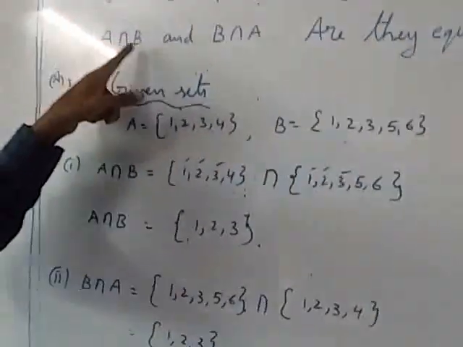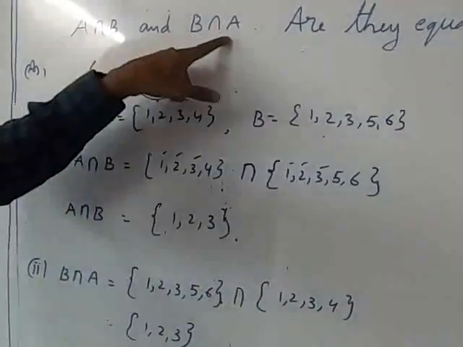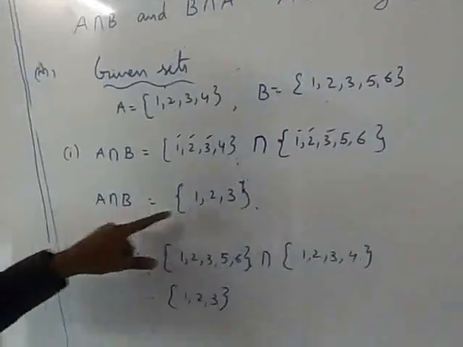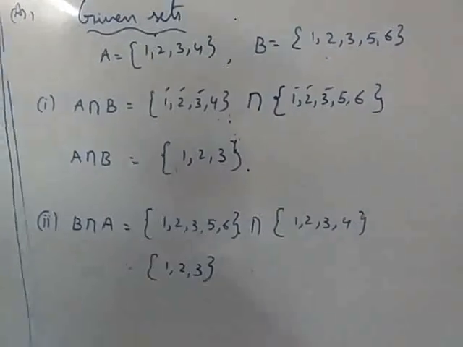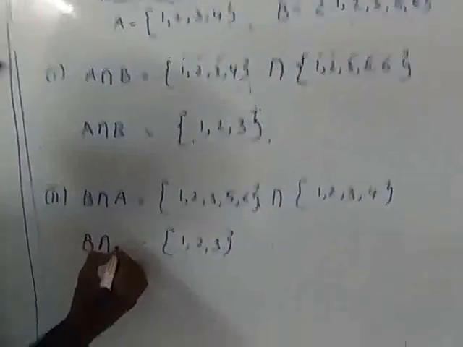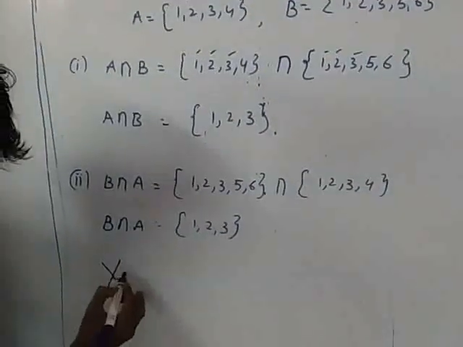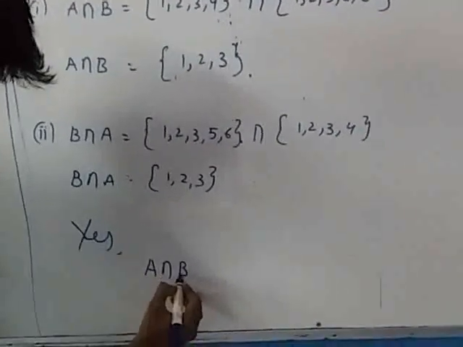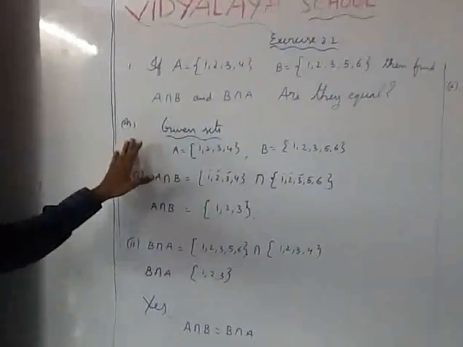So we found A intersection B and B intersection A. Are they equal? A intersection B is 1, 2, 3 and B intersection A also has the same elements. So yes, A intersection B equal to B intersection A. This is the first one.